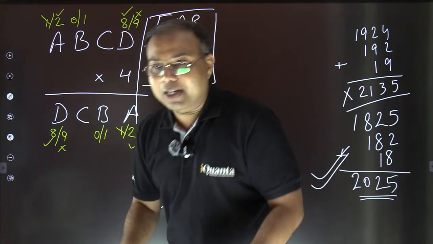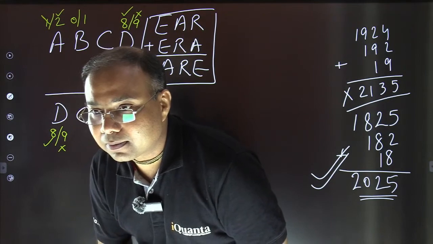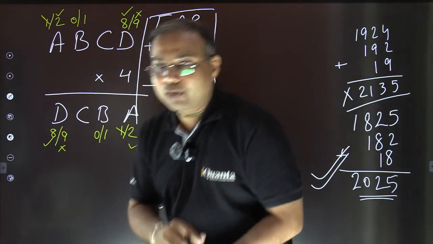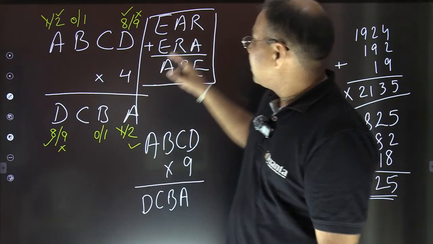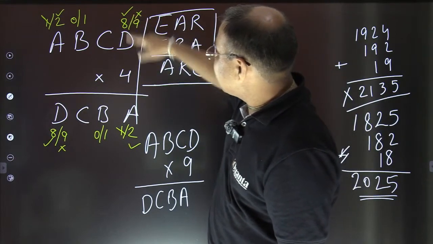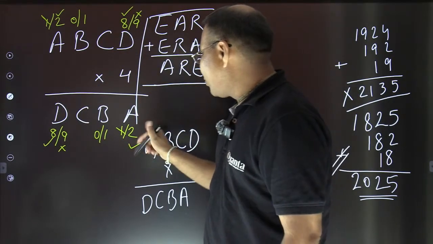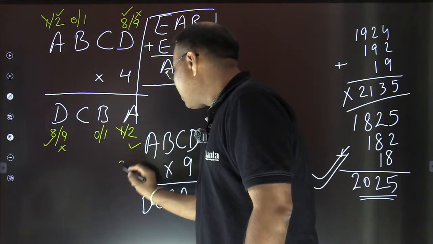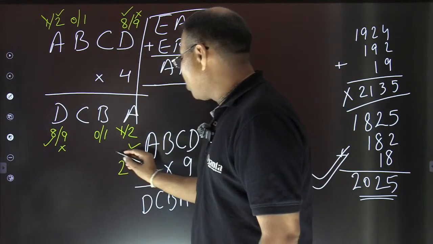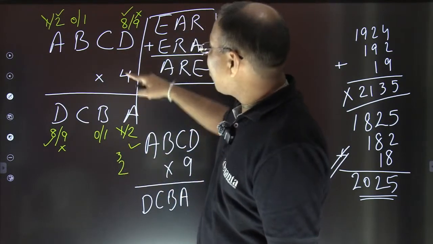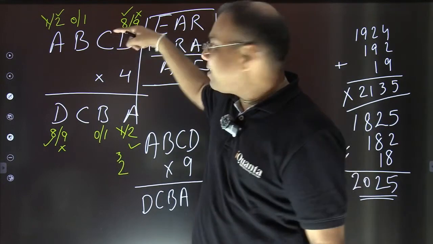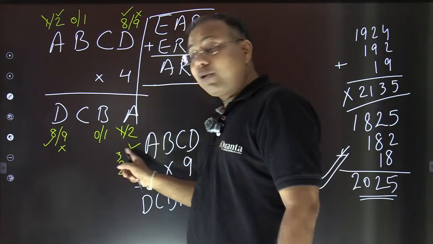Okay, now let's find out. So 4 into 8 was 32, 32 ka 2 and 3 carry. And next 4 into C would be an even number and I need to add 3 to it.